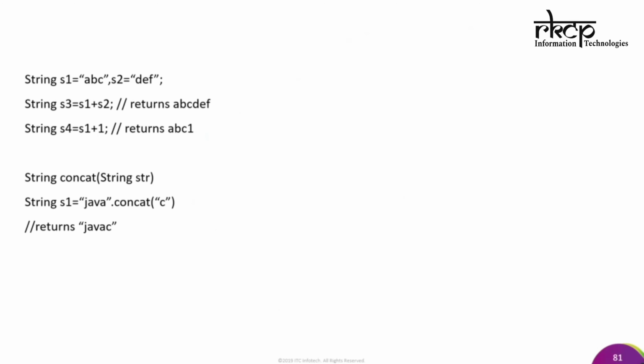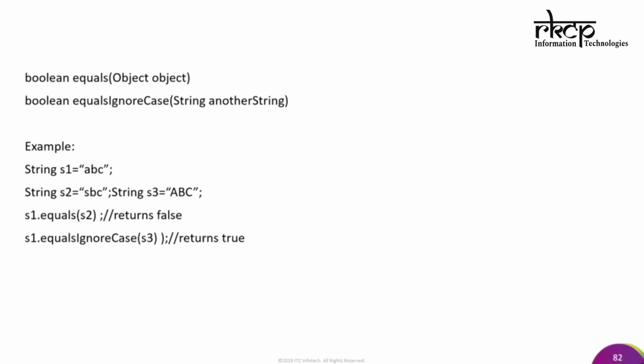After writing, you can do the comparison of your strings. Now if you compare strings, there is one method called equals and one is double equal to. There is equals ignore case, and one is double equal to.